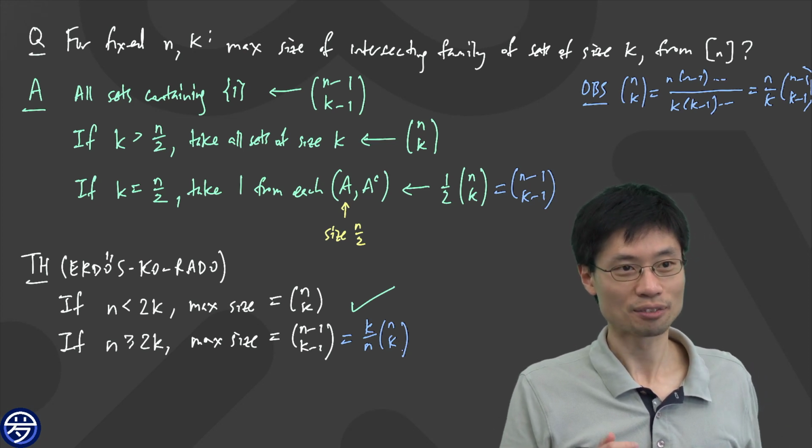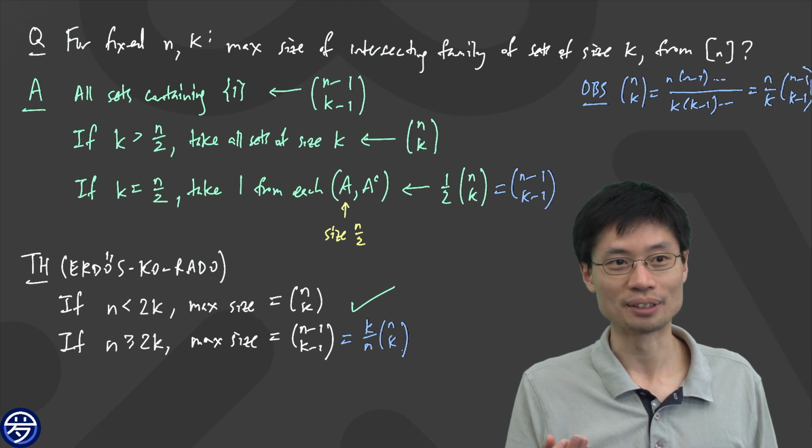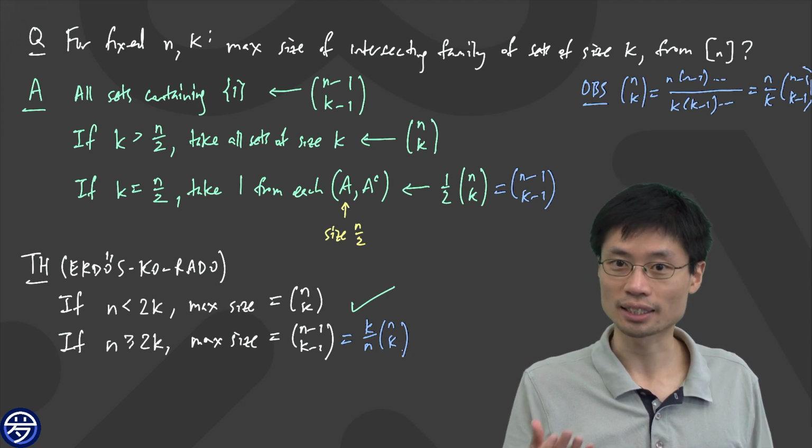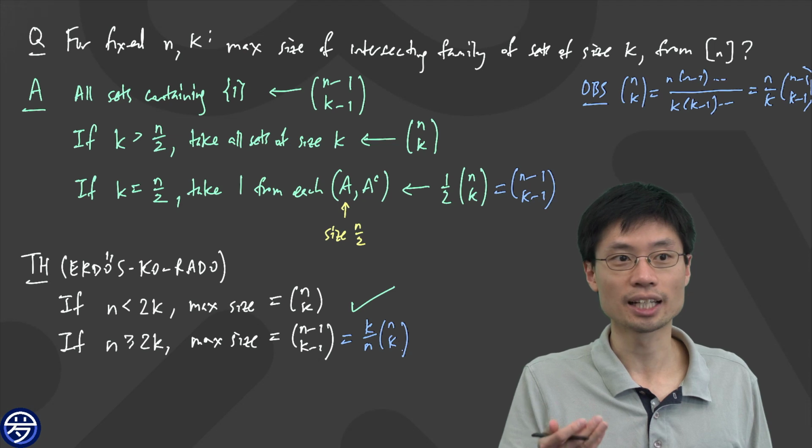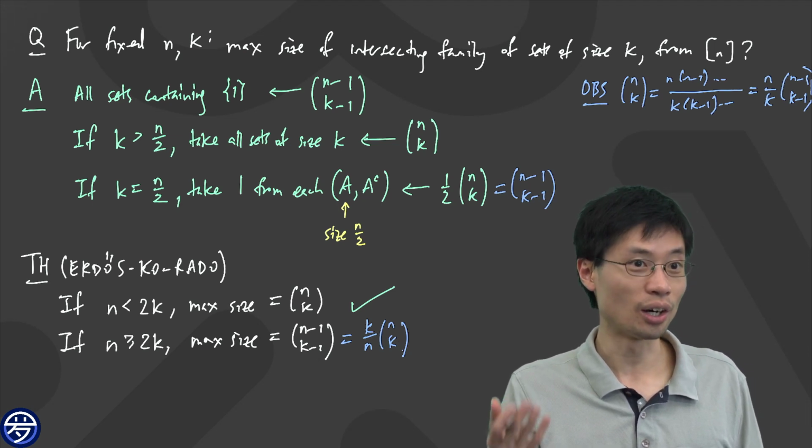Once you have it stated as a fraction, this also suggests a way that you could try to prove it. Now we want to show that if I have an intersecting family, at most I can have k over n fraction out of all of the sets.